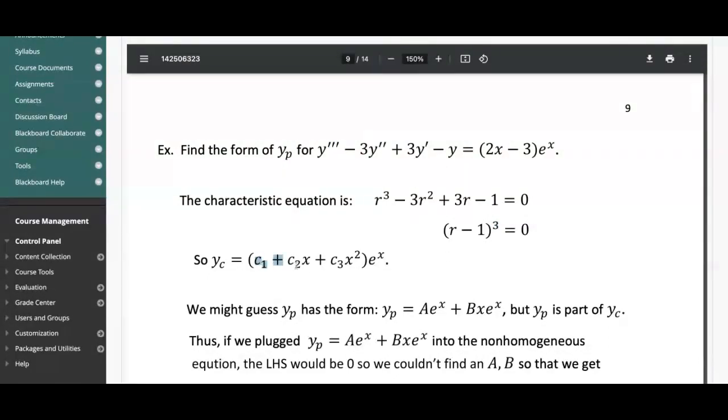When the multiplicity is 3, we have a constant term, a linear term, and a quadratic term, then e to the x, because r equals 1. So this is a complementary solution to the associated homogeneous equation, obtained by treating this to be 0.